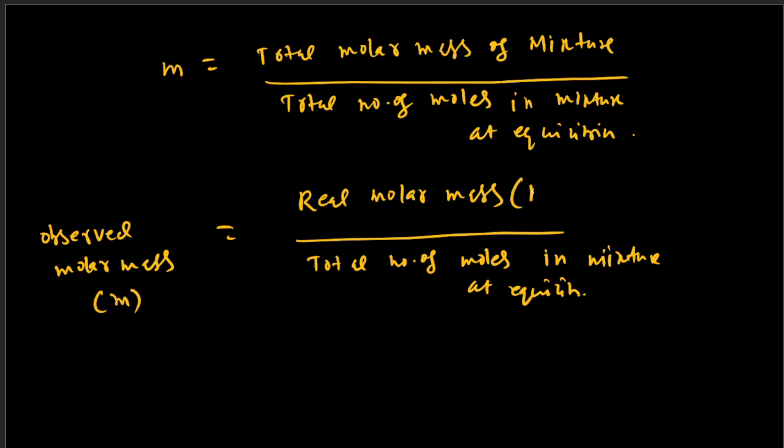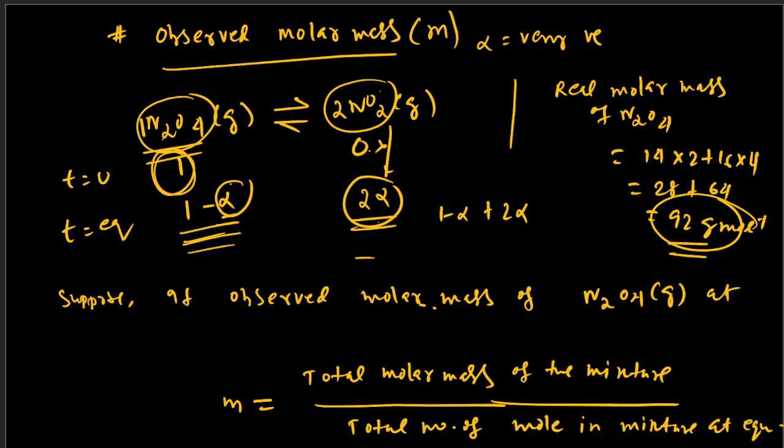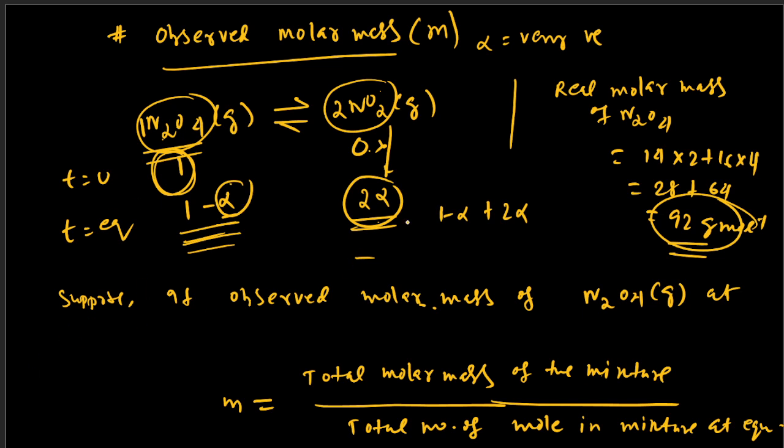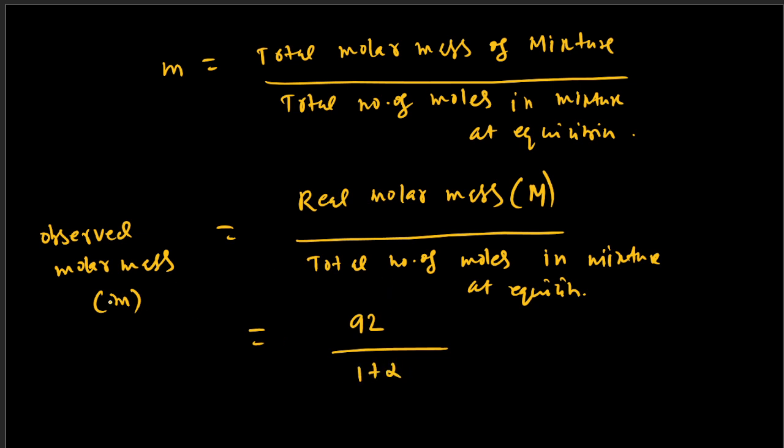So the real mass of N2O4 is 92. And the total number of moles in the mixture, how much? That is 1 minus alpha plus 2 alpha. So this will be 1 plus alpha, and this is m, the observed molar mass.